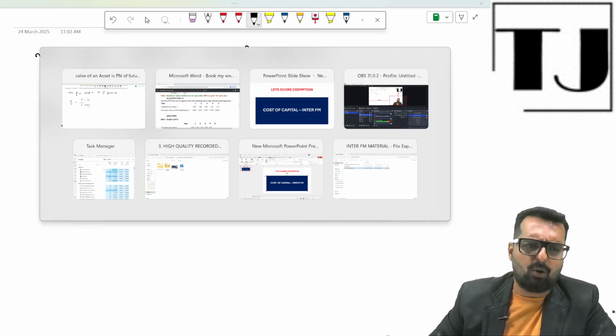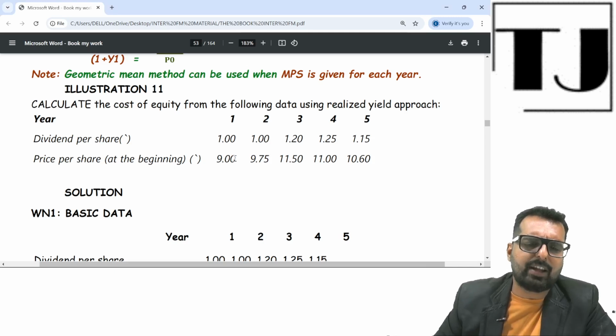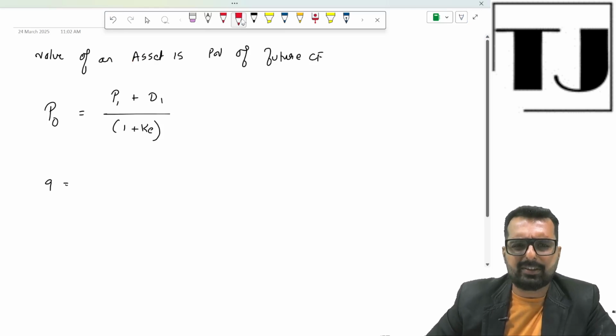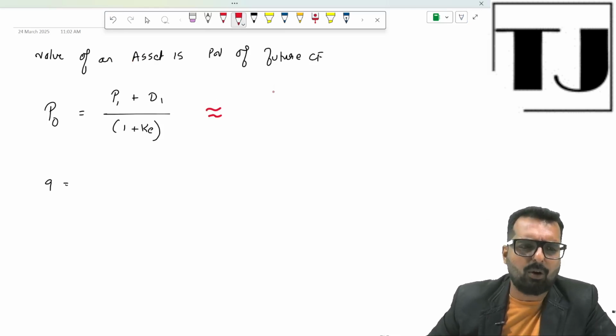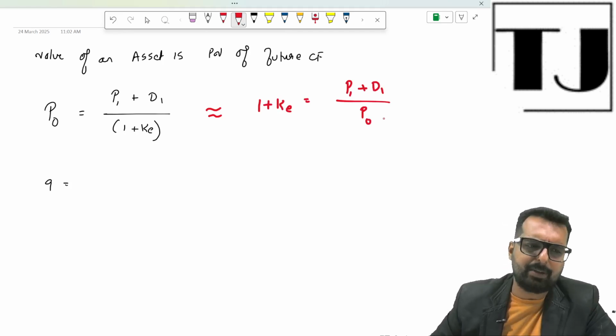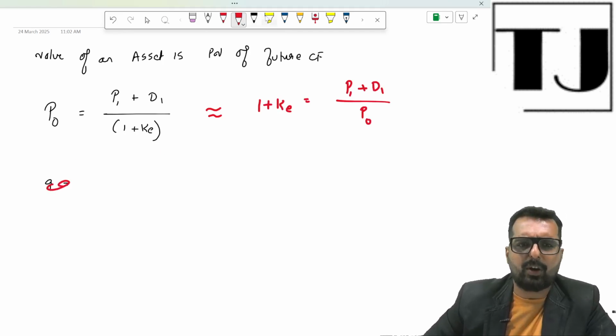The P0 is 9 rupees, correct? This equation can be reworked and I can call it 1 plus KE is equal to P1 plus D1 divided by P0. That's a much easier way of doing it.